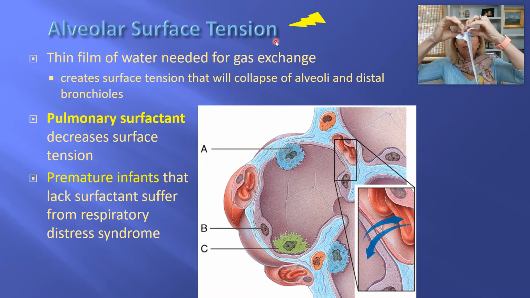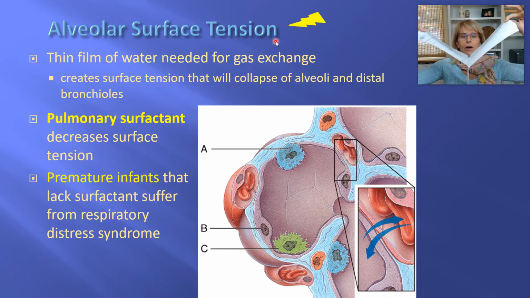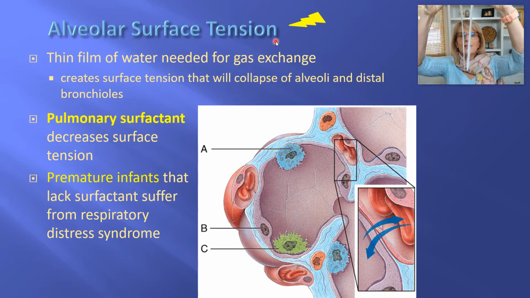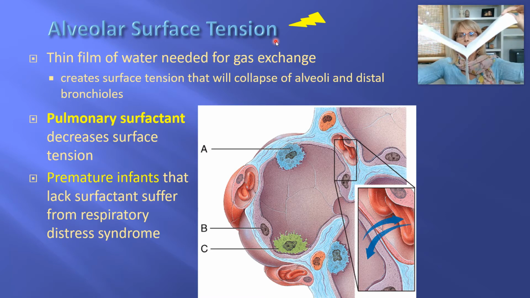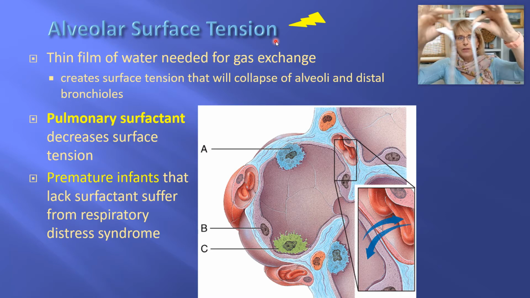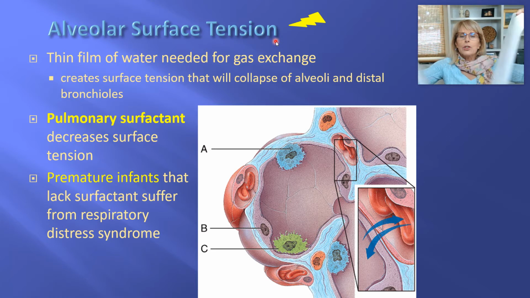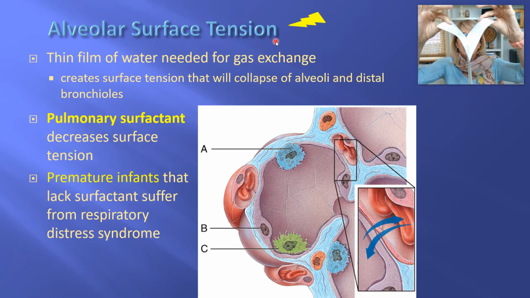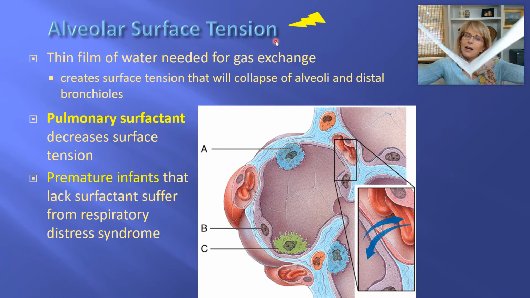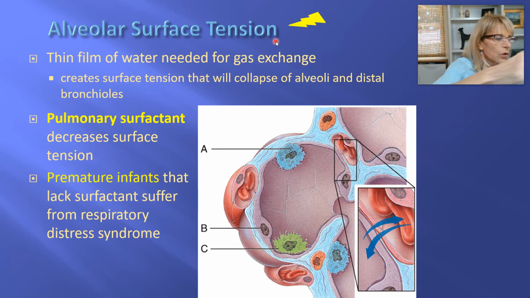And wet pieces of paper are hard to pull apart and want to go back together really easily, right? Now, this is a demonstration of surface tension. The amount of surface tension that would happen inside of the alveolus, each individual alveolus would want to collapse.